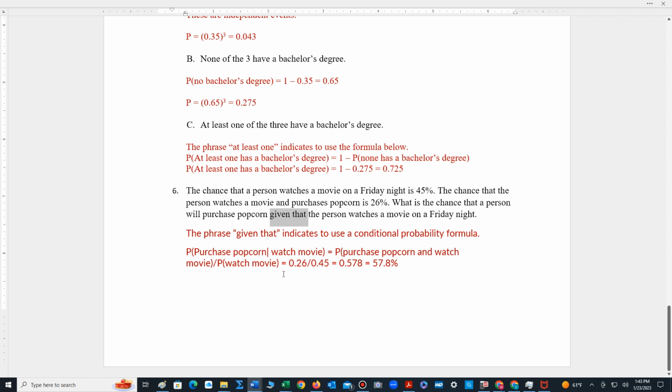So according to our formula, let me just kind of clarify this here. The formula is written in this manner. So the probability that a person purchases popcorn, given that they watch a movie, is the probability that they do both, purchased popcorn and watched a movie, divided by the probability that they watched a movie.